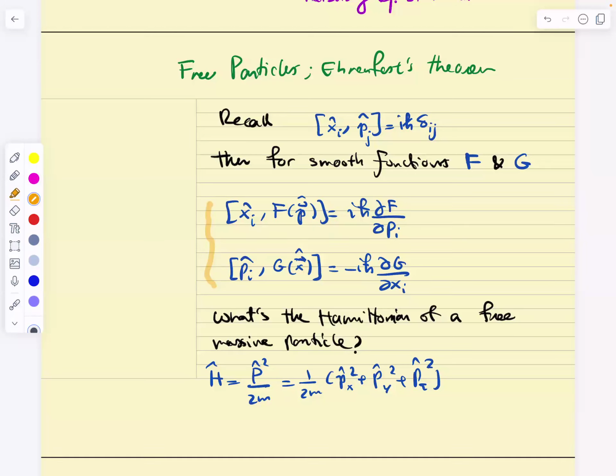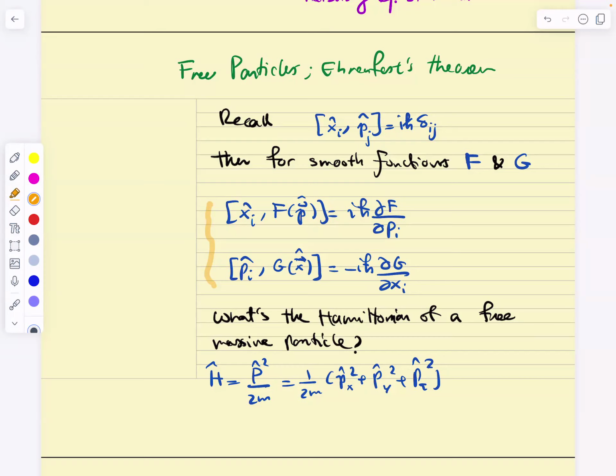It is i h bar again. So you end up with 2 i h bar p. If I look at the expression I had, my f was p squared. I take the derivative of p squared with respect to p. I get 2p. That is the extra 2. And the equation is correct.